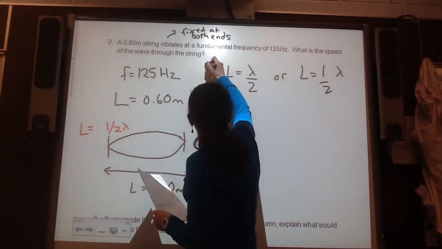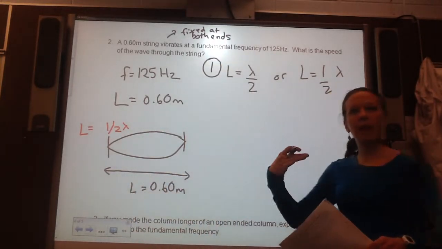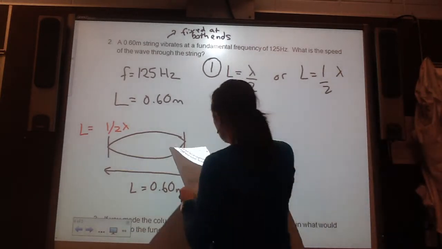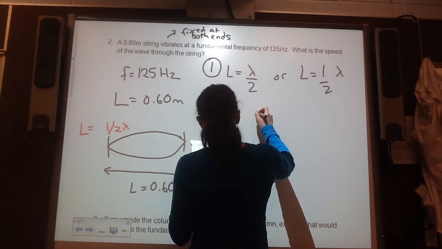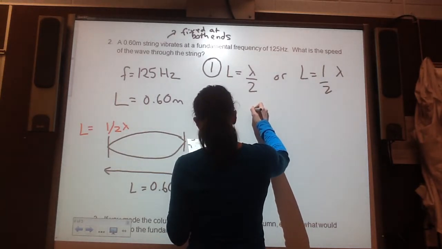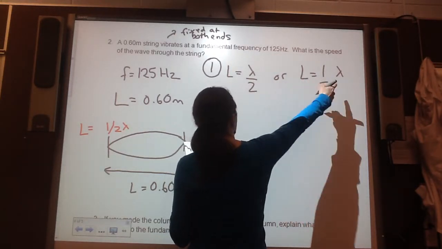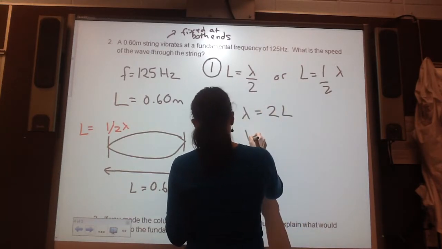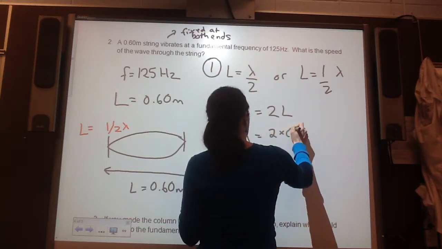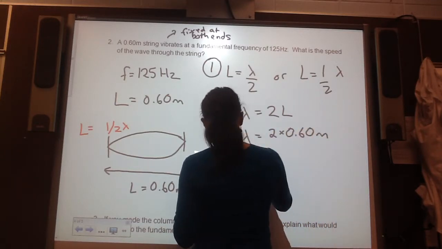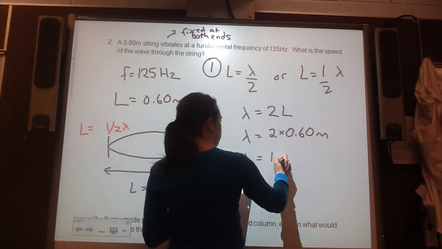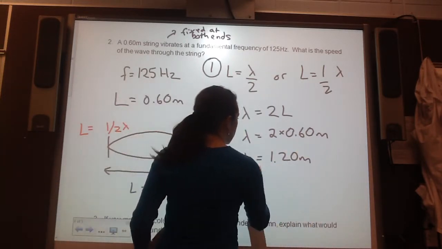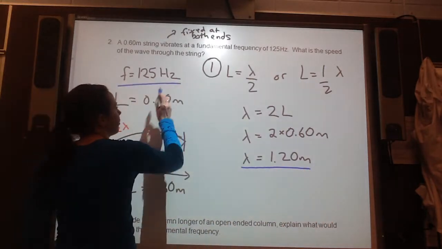So this is going to be our first calculation, because we need that wavelength in order to find the speed. I'm finding wavelength. So that's equal to 2 times L. So my wavelength is 1.20 meters. So now I have wavelength and I have frequency.